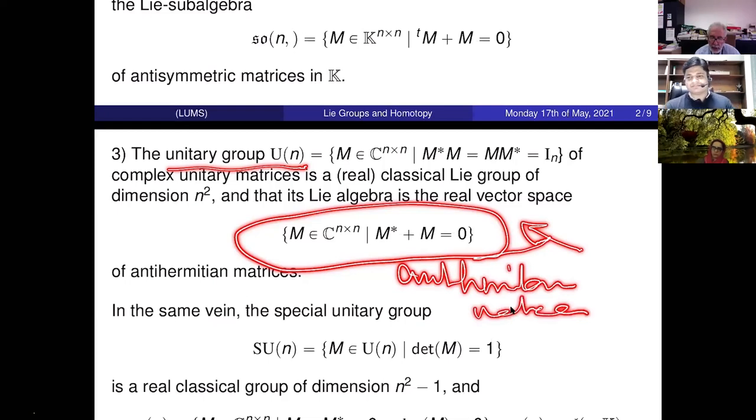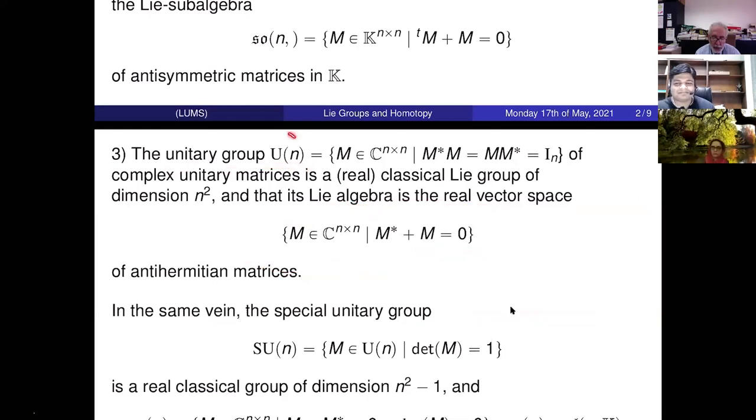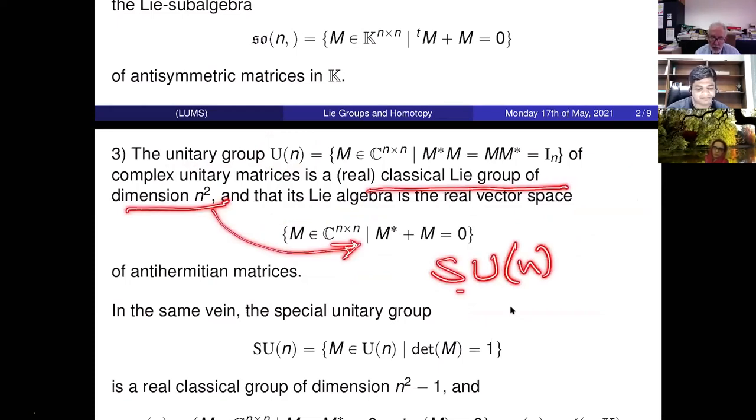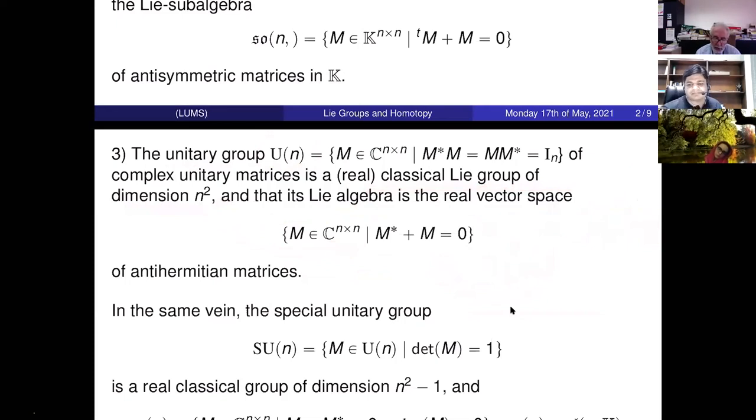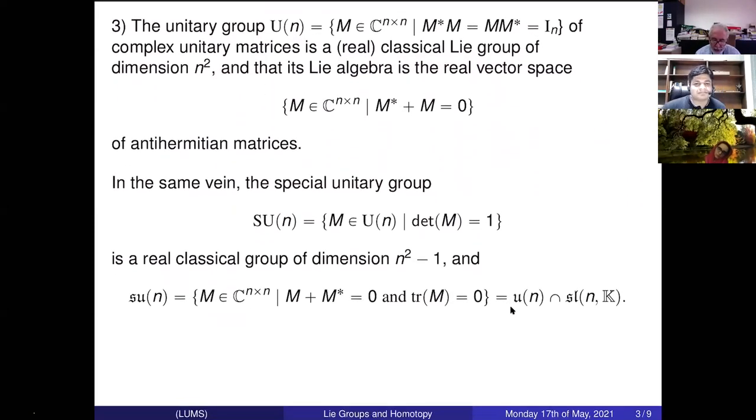Anti-Hermitian matrices form a real vector space of dimension n squared, exactly the same dimension as the Hermitian space. So U(n) is a classical Lie group of dimension n squared, and its Lie algebra is the set of anti-Hermitian matrices. If you take SU(n), you must add to this the condition that the trace of M equals 0. So all this is quite classical in some sense.